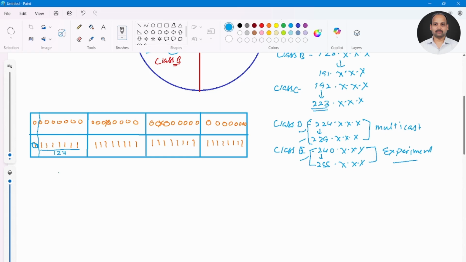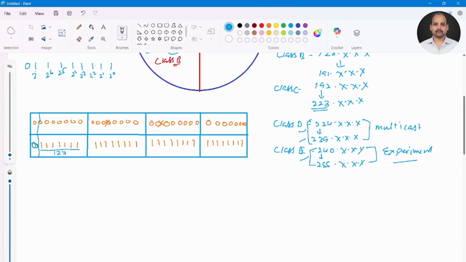I can also show you the bit positions: 2^0, 2^1, 2^2, 2^3, 2^4, 2^5, 2^6 and 2^7.